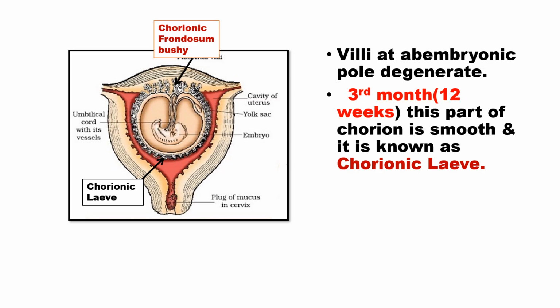This later degenerates and gives a smooth surface around the abembryonic region, around the 12th week of intrauterine life. So villi at the embryonic pole are bushy and known as chorion frondosum. Villi at the abembryonic pole are less well developed, form a smooth structure, later degenerate, and this is known as chorion laeve.